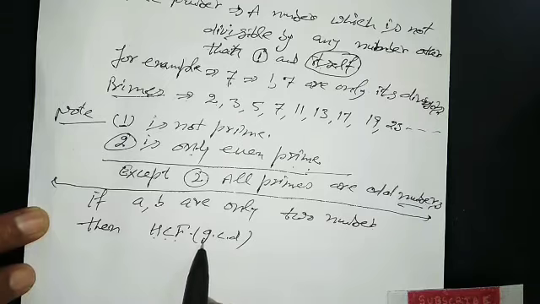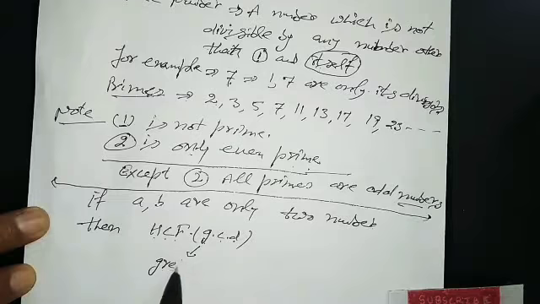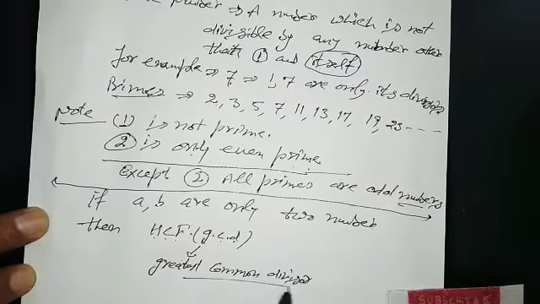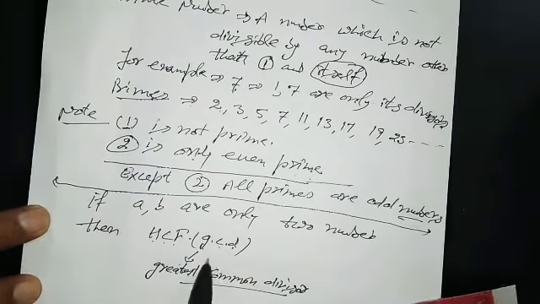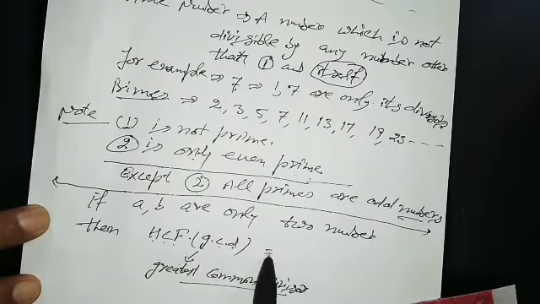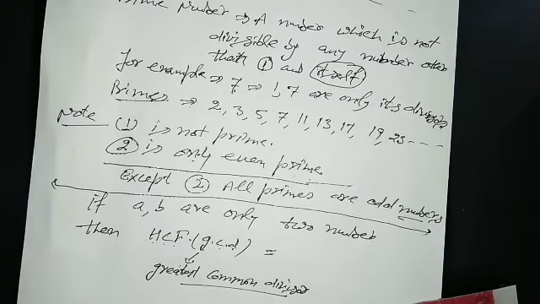GCD means greatest common divisor. And what is HCF? Highest common factor. So both are the same.